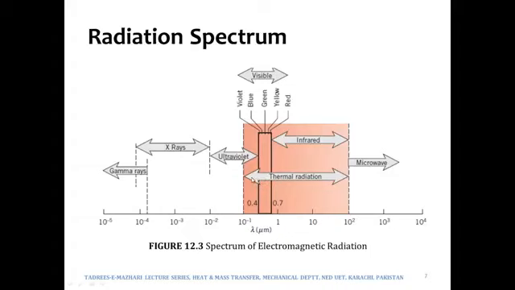The thermal radiation portion ranges from about 0.1 micrometer to about 100 micrometer. This is the thermal radiation band. And then we have the microwave and other types of waves shown on the previous page, such as radar waves and broadcast band waves.